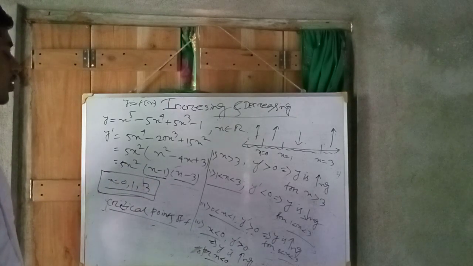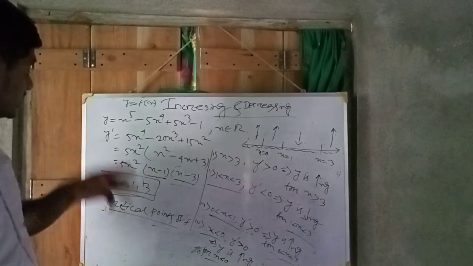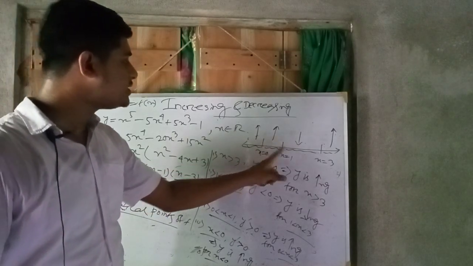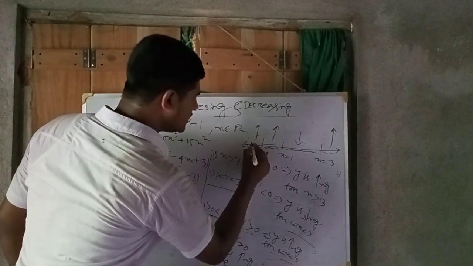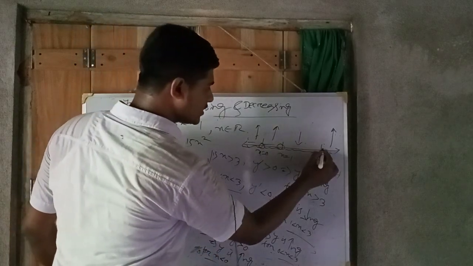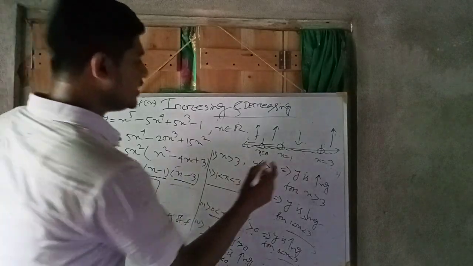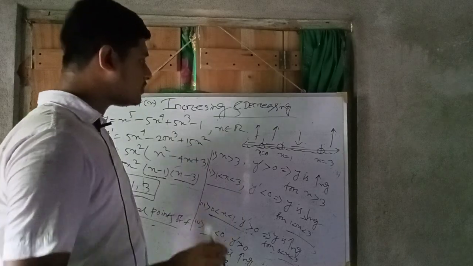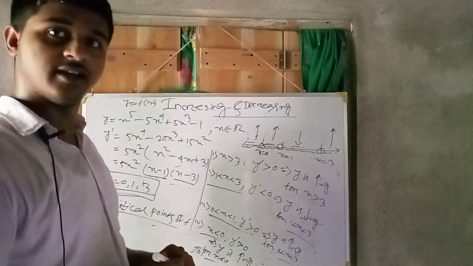These points represent the critical points, and the critical points divide the intervals into where the function is increasing and where it is decreasing. At a critical point, the function is neither increasing nor decreasing.